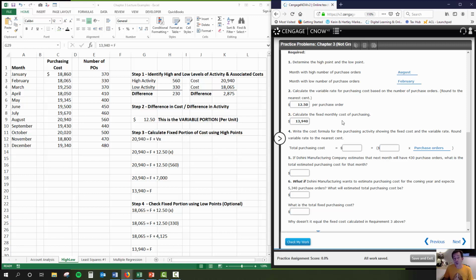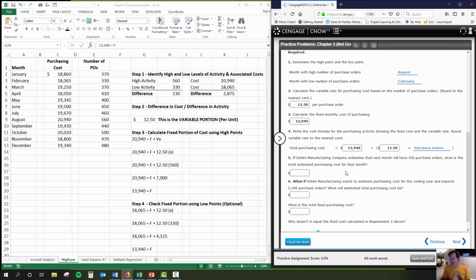On top of that, we're also incurring $12.50 in variable cost every time we generate a PO. That's our cost formula. Number 4, write it out. Total cost equals 13,940 plus the variable 12.50 times the number of activity purchase orders.